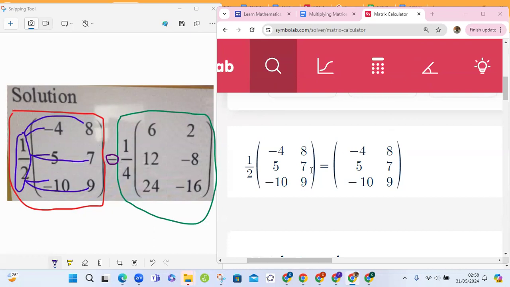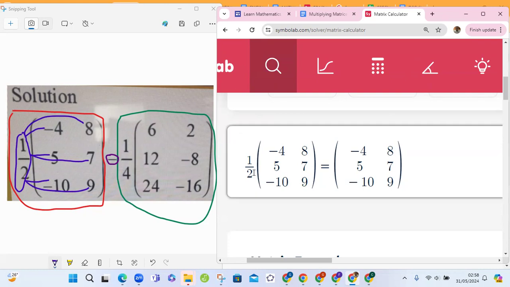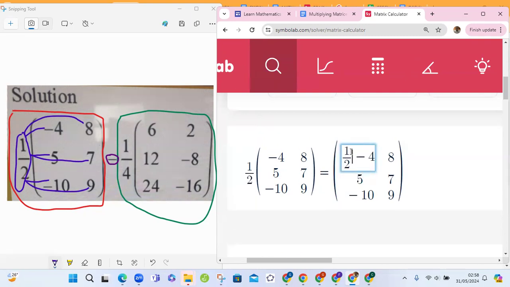As you can see here, I have prepared a template to show you how I'm going to multiply a half to each element in this matrix. A half times this matrix would be equal to a half times -4, and the symbol for times that is being used in this program is a dot. A dot is another symbol for multiplication apart from the X that we know. A dot in the middle of the two values is multiplication, not a decimal.